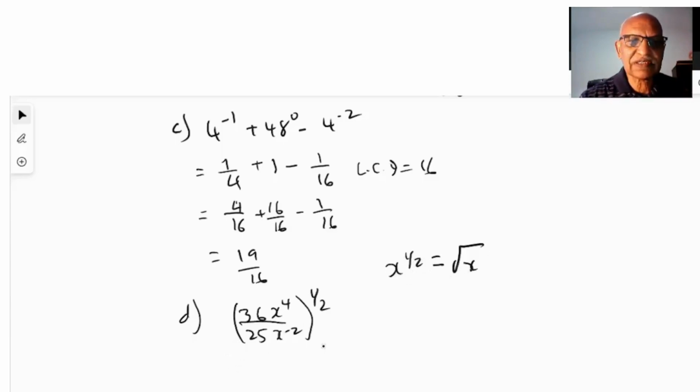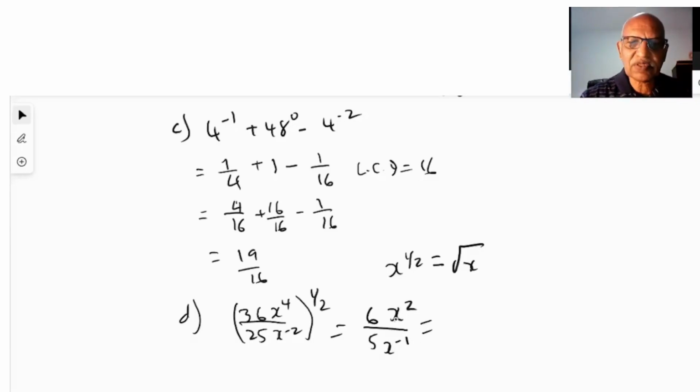So in this case, 36 to the power half means square root of 36, which is 6. X to the power 4, 4 times half is 2. This will be x to the power of 2 over 25 to the power half means square root of 25. Minus 2 times half is x to the power of minus 1.